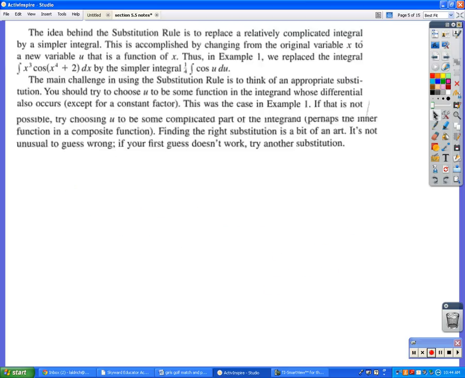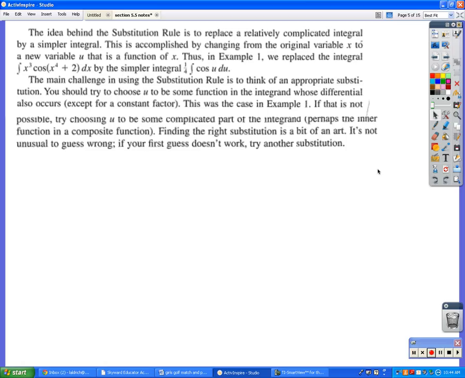All right, so this confusing paragraph, just what we've been talking about. The idea behind the substitution rule is to replace a relatively complicated integral by a simpler integral. This is accomplished by changing from the original variable x to a new variable u that is a function in x, okay? The main challenge in using the substitution rule is to think of an appropriate substitution.